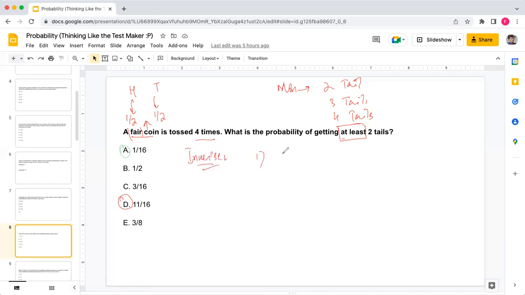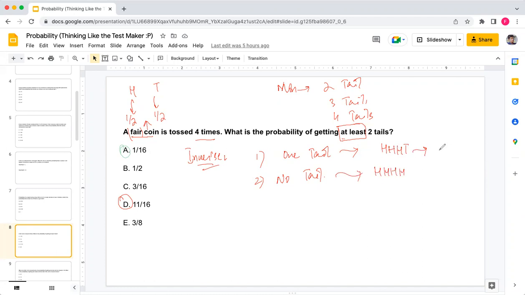First condition is when there is only 1 tail and when there is no tail. When there is 1 tail, that means we have 3 heads and 1 tail, and when there is no tail, that's when all 4 are heads. So how can we find the probability of getting 3 heads and 1 tail?